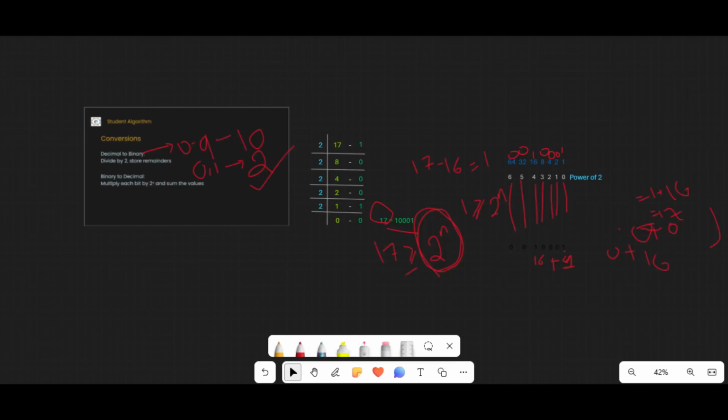This is how you convert your binary number to a decimal number.